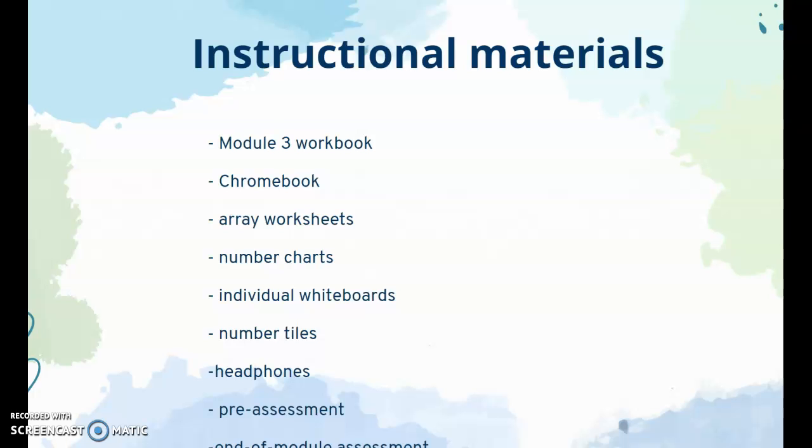That way I know whether or not someone is understanding a concept that's being taught. Number tiles, headphones so that they can also listen to the online learning programs and participate. The pre-assessment, and then finally the end of module assessment will be necessary.